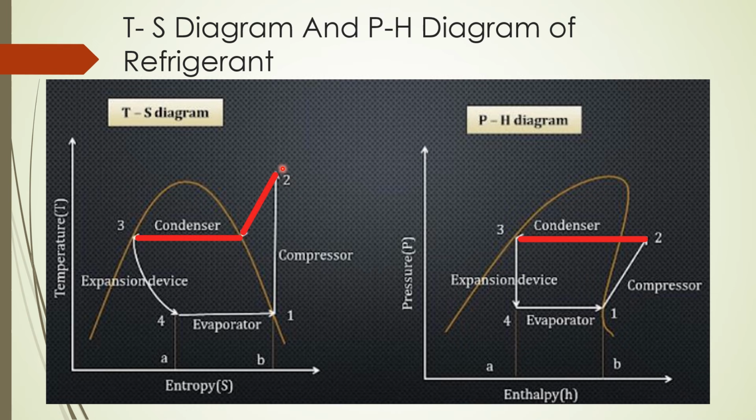Then the process 2 to 3 is called constant pressure heat rejection. In this process, high temperature, high pressure refrigerant rejects its heat to the surrounding by converting into liquid.